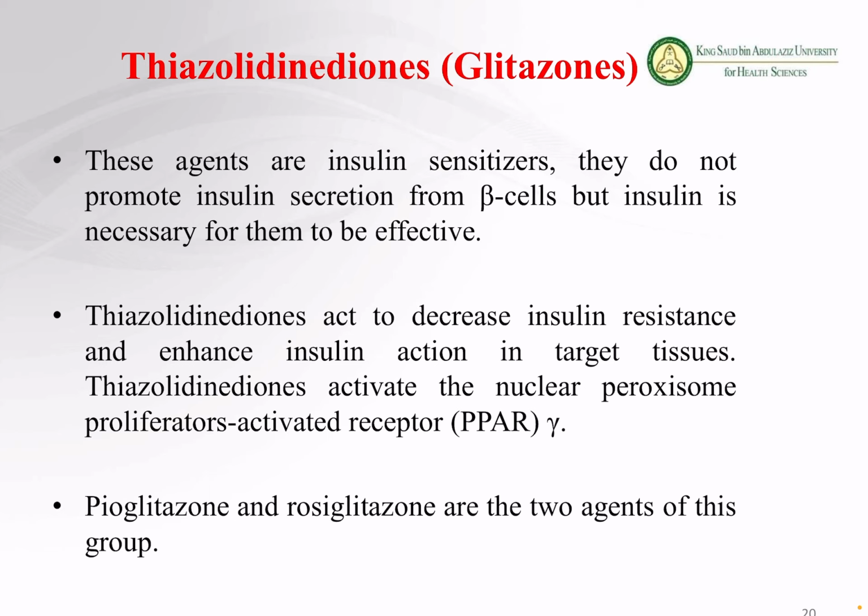These are the two drugs of this group, but most of the countries have withdrawn these drugs because of their fatal hepatotoxicity. We have cases reported of death because of the hepatotoxicity from this drug. So most of the countries withdrew it, though this drug was actually a very good drug. They had very good results, but because of the severity of the adverse effect, these drugs were withdrawn from most of the countries. Okay?